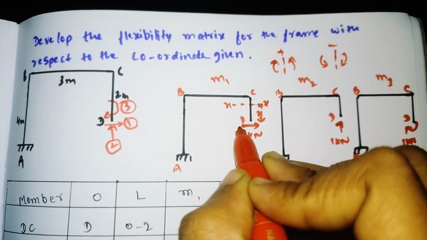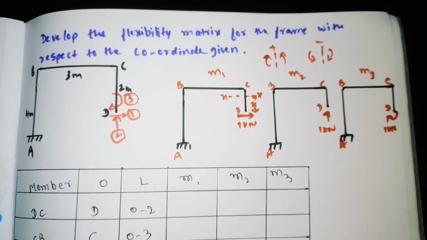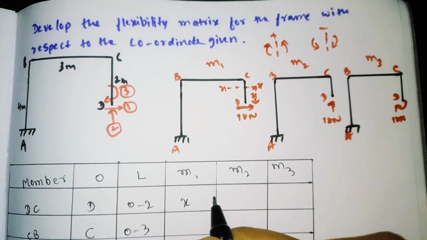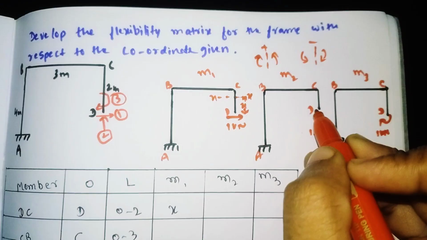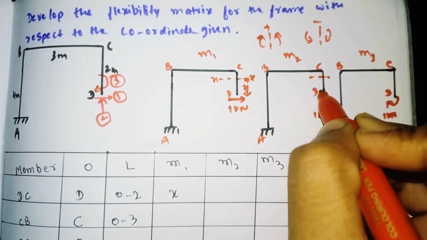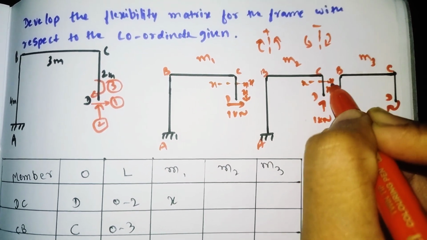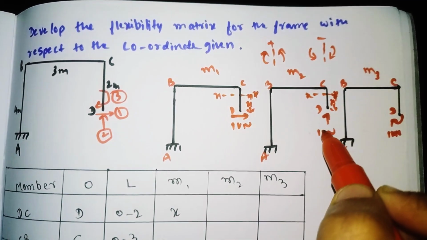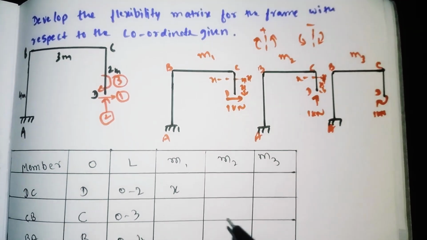So 1 kilonewton is going upward, so we take positive. That is nothing but 1 into x, which is x. Similarly for M2, if we cut the section for DC at a distance of x from the origin D, for all we have taken origin D, see here 1 kilonewton is acting axial to this member. So 1 into 0 becomes 0. So M2 becomes 0.